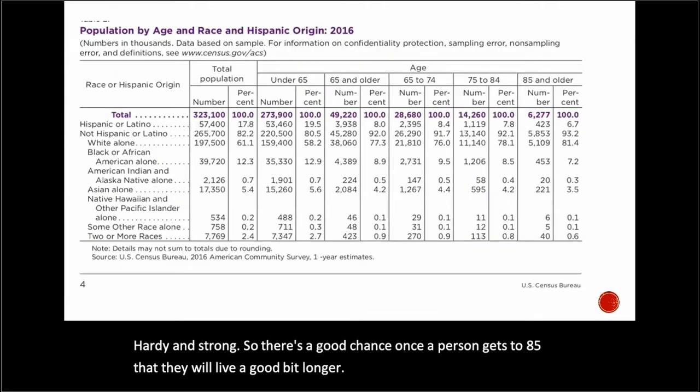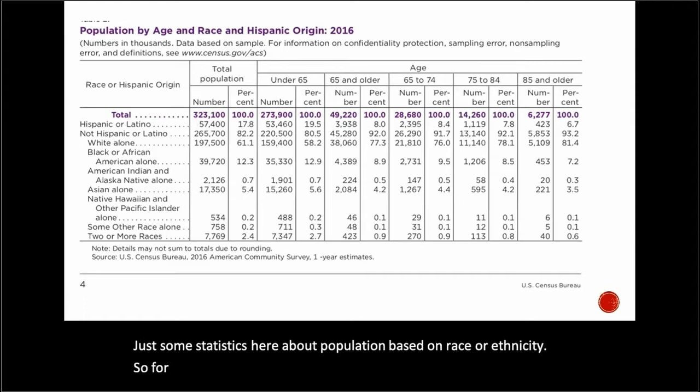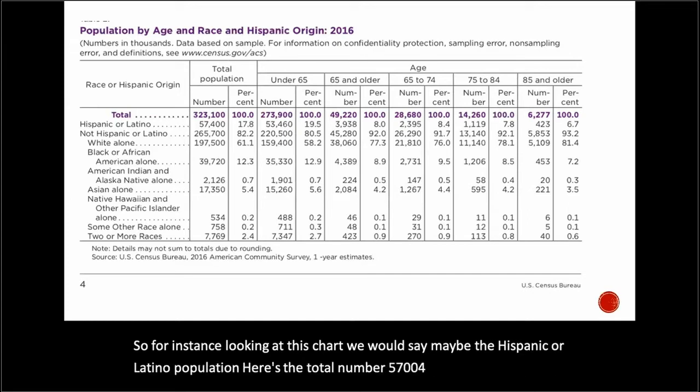Just some statistics here about population based on race or ethnicity. So for instance, looking at this chart, we would say maybe the Hispanic or Latino population, here's the total number, 57,400, and that's about 17% of that.